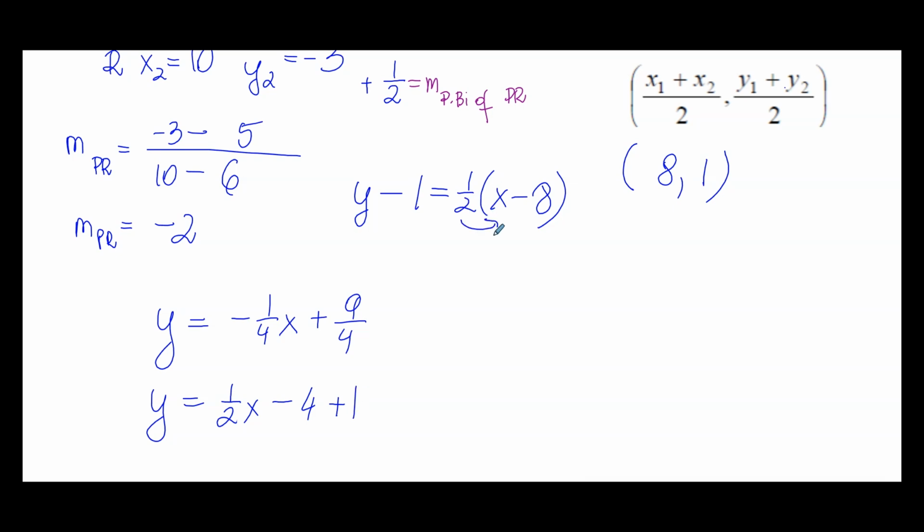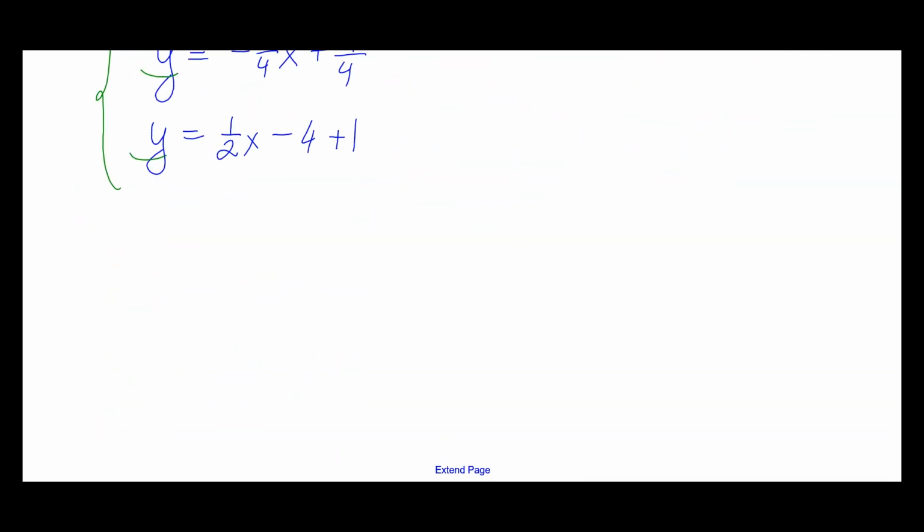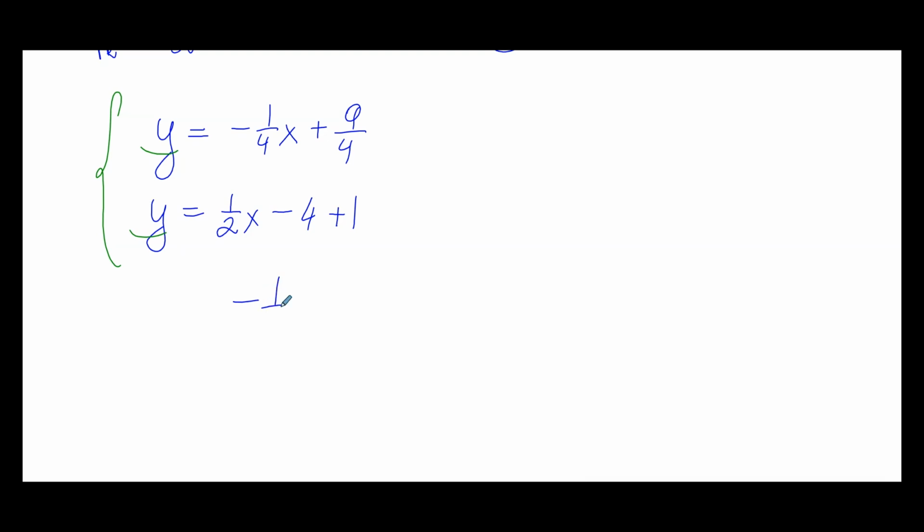So we multiply the bracket and then we move that so it becomes plus. Now, to solve those simultaneous equations, since both of them equal y, then that means that I can equate those two. So I have minus 1 over 4x plus 9 over 4 equals a half x minus 4 plus 1, that will be minus 3.